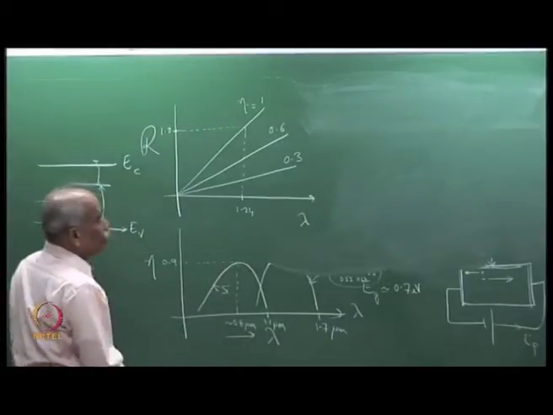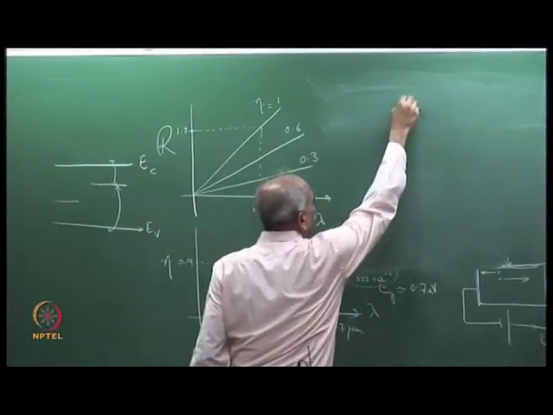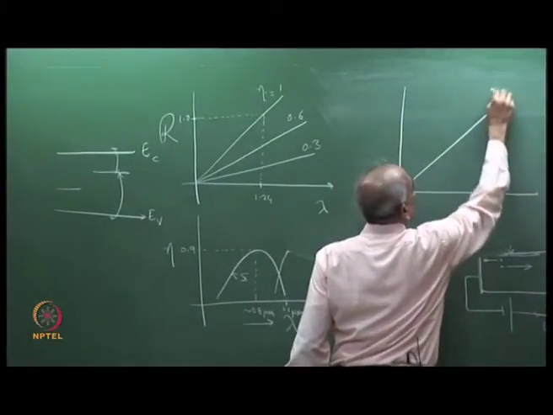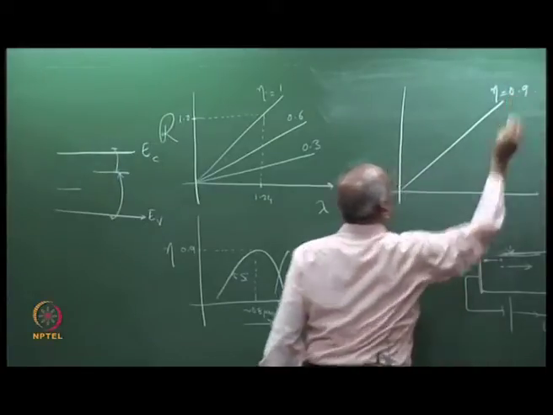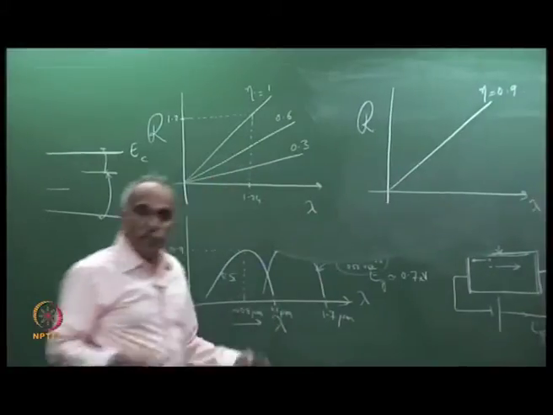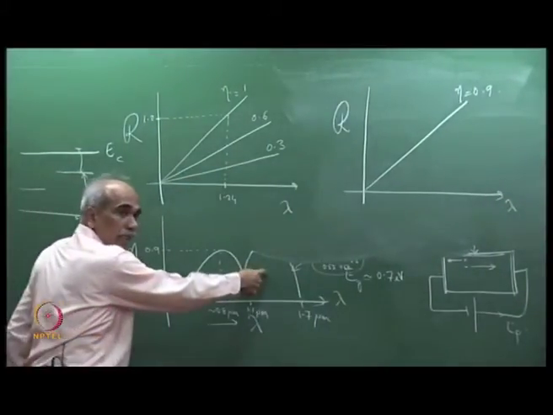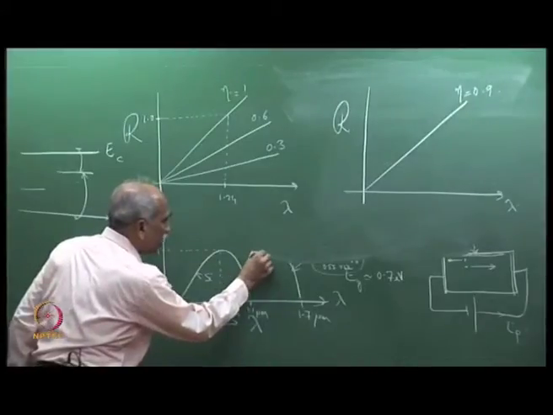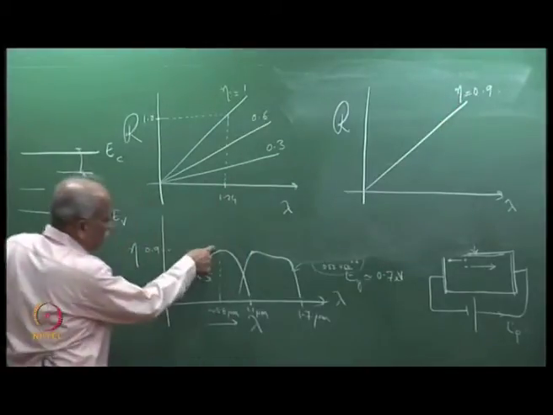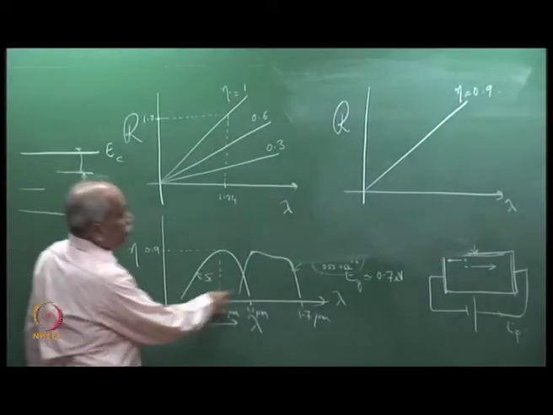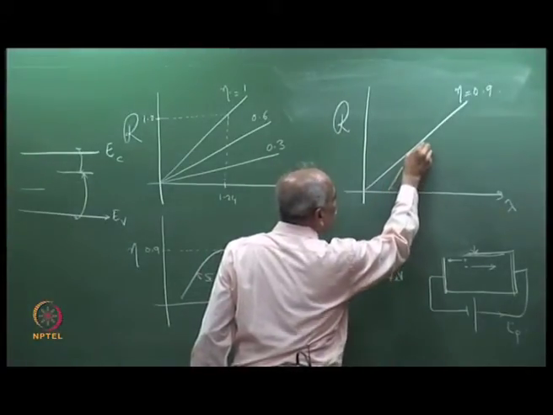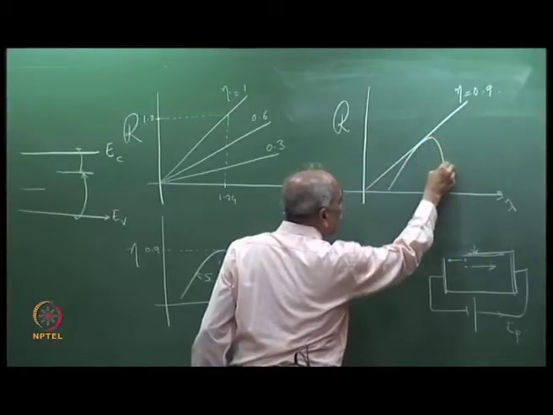For a particular value of eta, let us say eta equal to 0.9, what I am plotting now is the responsivity versus lambda for real detectors with a quantum efficiency that is realistically varying like this. For silicon, 0.9 is the peak, and therefore it will touch around 0.8, and at other places it will drop down.